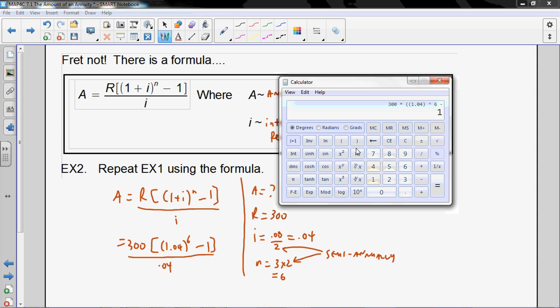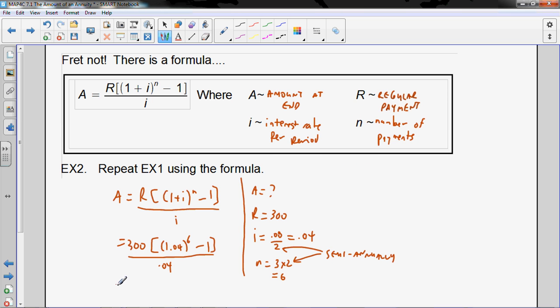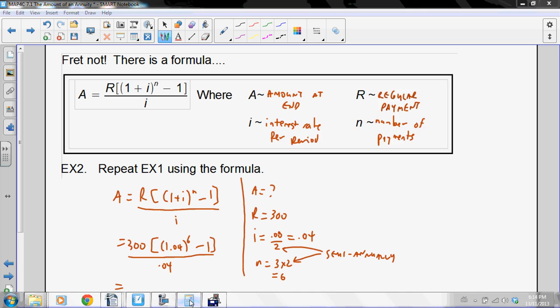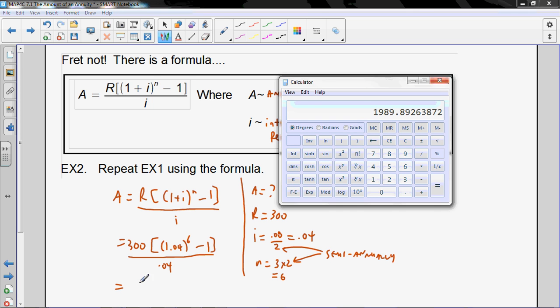See, it did that calculation for me. Minus 1. And then there's that bracket there, which is this bracket here. And then divided by 0.04, equals 1989.89.